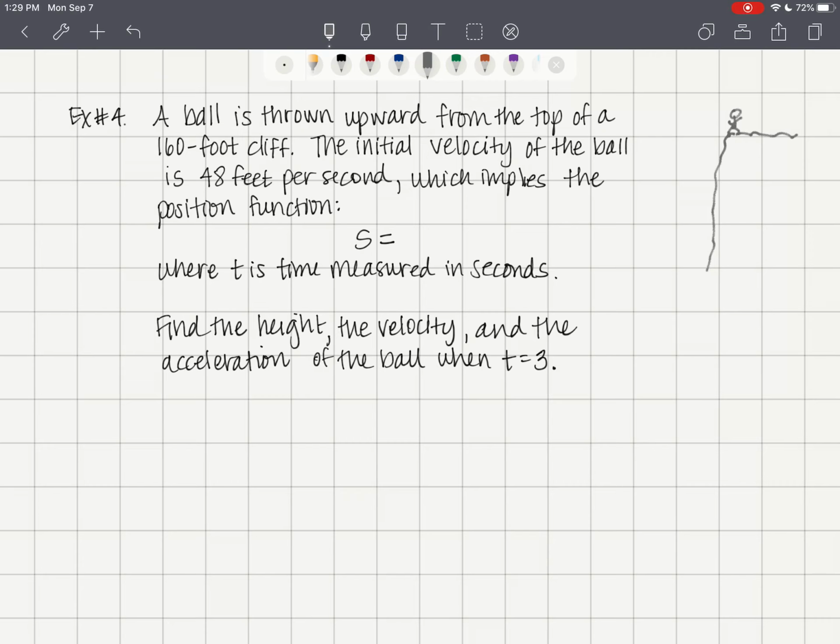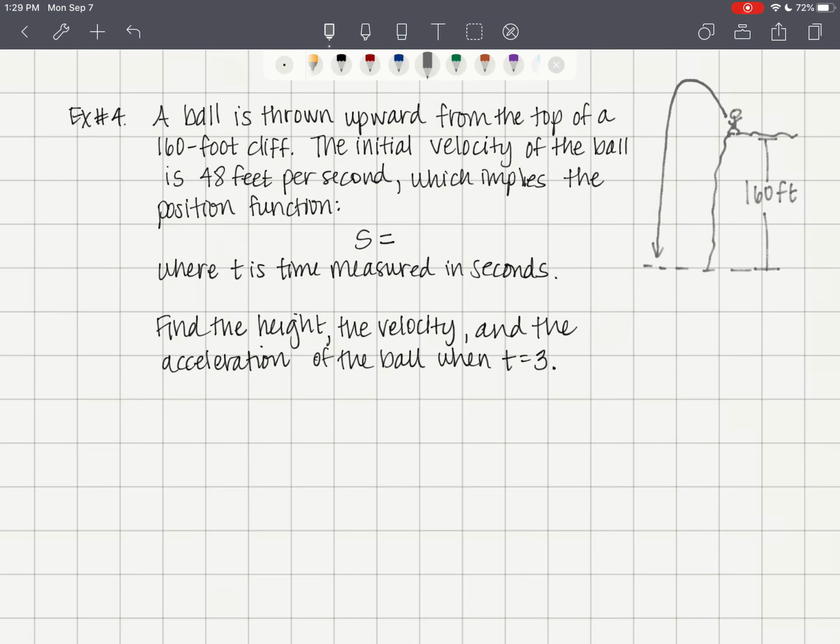So they're going to throw the ball with an initial velocity of 48 feet per second, which means it's going to go up first and then it's going to drop and it's going to fall. And this height is 160 feet off the ground. So this is the ground level there at the top of the cliff.